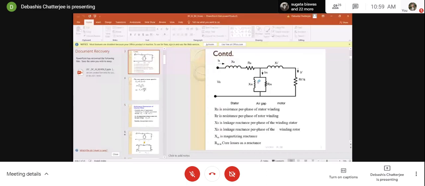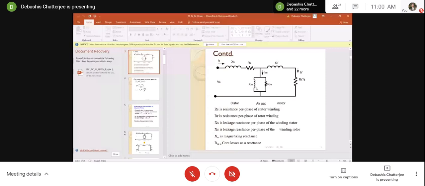If you compare the magnitudes of XM and RM, you will find that XM is at least 3 times lower, at the rated condition, compared to the core loss resistance RM, right? At least 3 times. It can be 4 times also, depending on the rating of the machine.